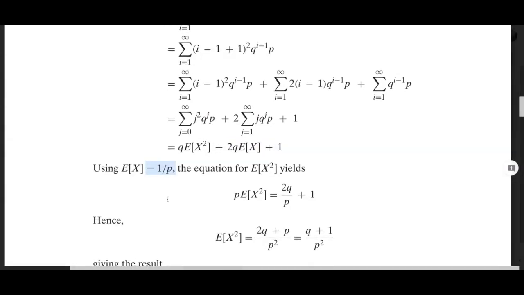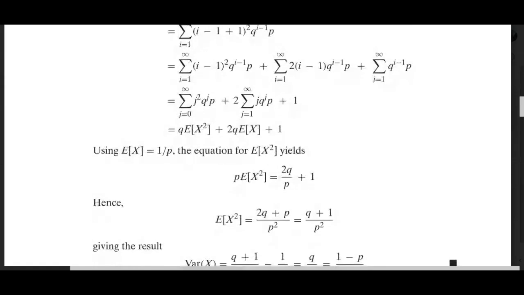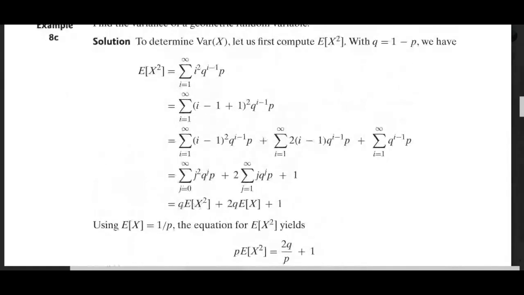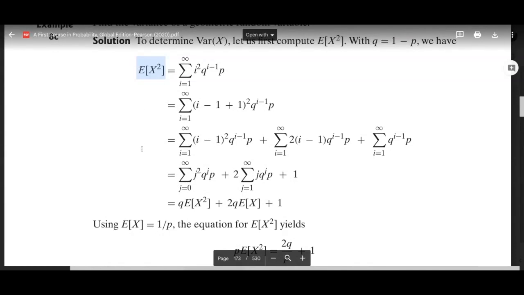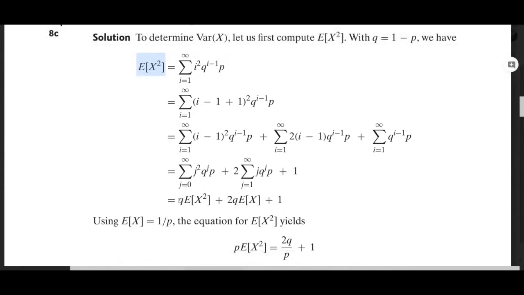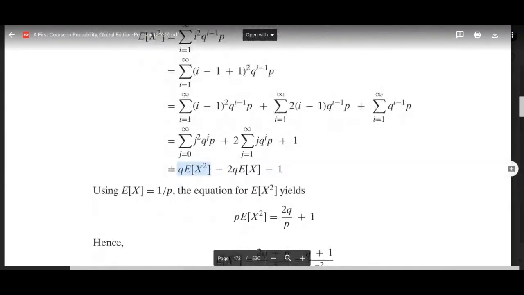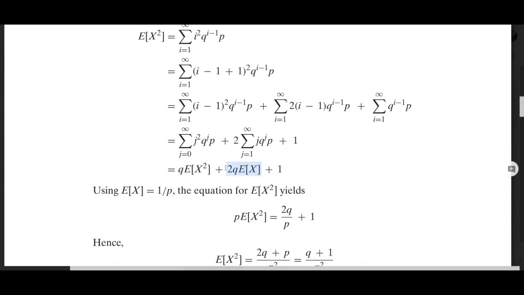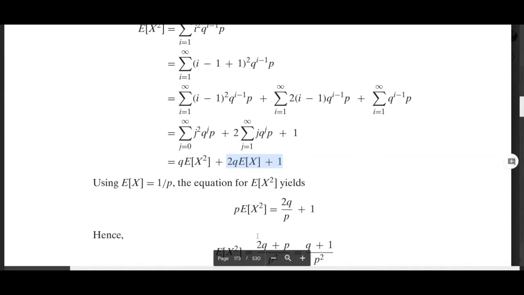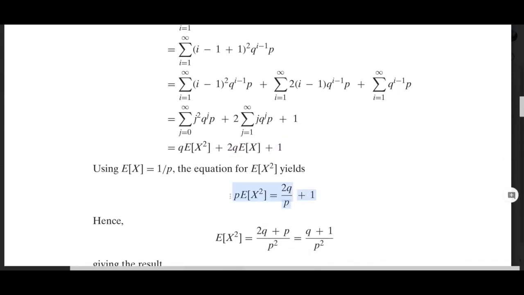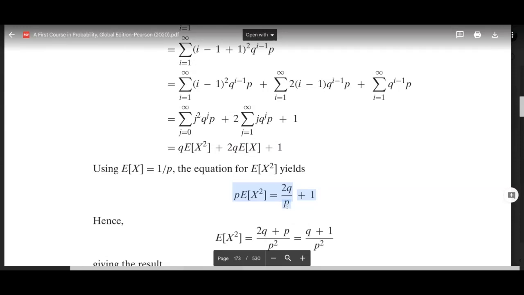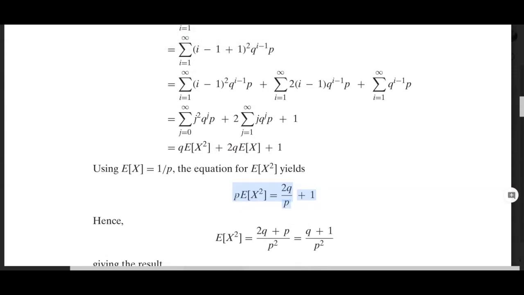Now minus 1 minus p squared. What do we have? We have the expected value of the random variable squared minus q times it, so that becomes p times the expected value of the random variable squared, which equals 2q times the expected value of X plus 1. And the expected value is 1 over p. So p times the expected value of the random variable squared equals 2q over p plus 1.